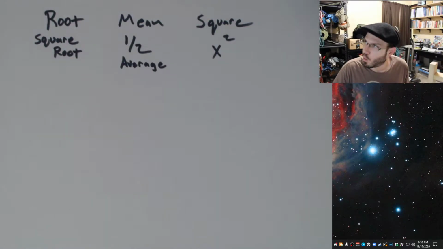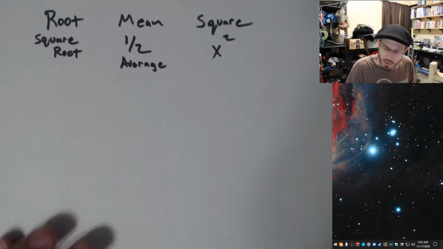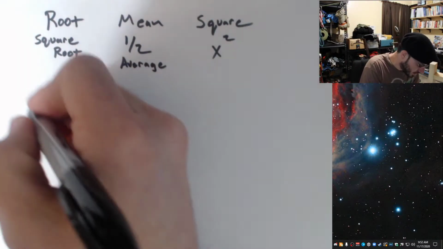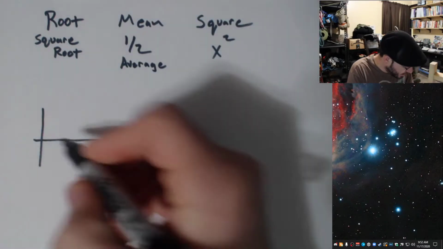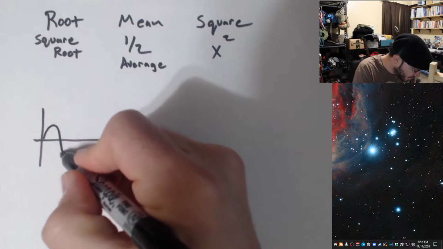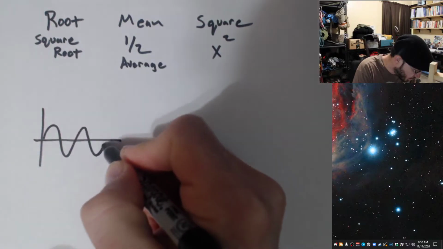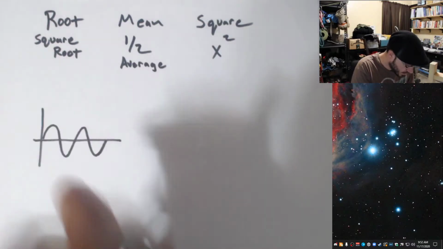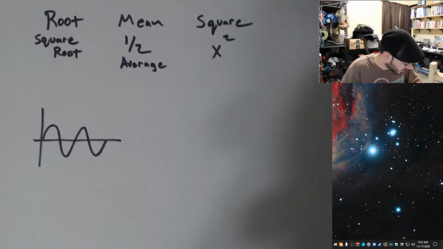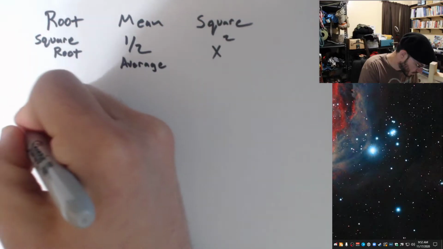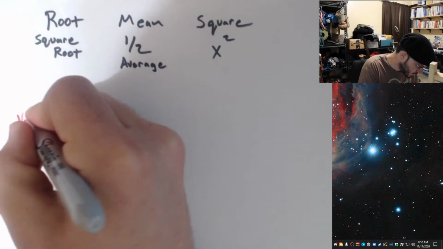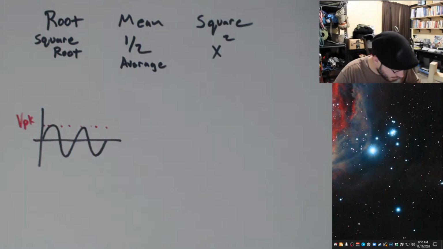So if we want to quantify an average voltage for our AC, let's start with something we're probably pretty comfortable with, the peak voltage, the highest voltage that we reach. I'll go ahead and call that the peak voltage.